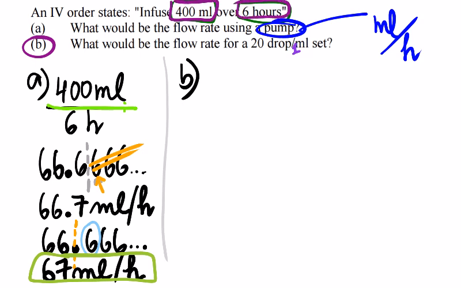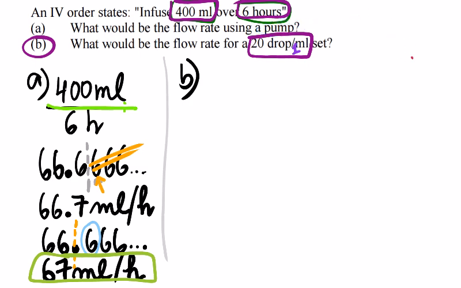So what do we have here? We have 400 mils to run over 6 hours using a 20 drop per mil set. So basically we are now not thinking about the pump anymore. As soon as we hear drops, we must remember the final answer, the rate, will be in drops per minute.